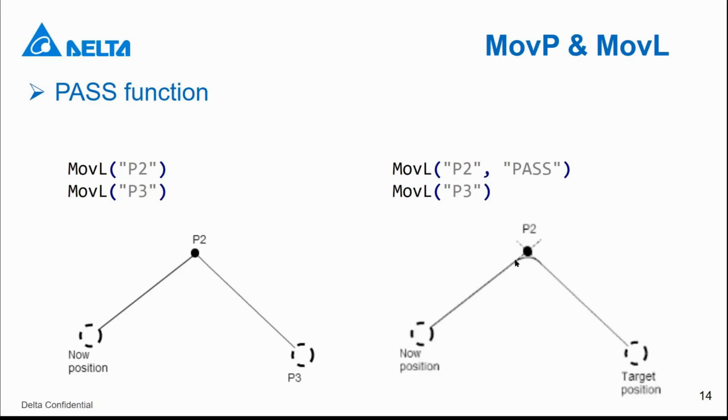So it will be a smooth curve here and then go to P3, our target. With the pass function, you can save a little bit of time at P2. And so in your whole application, if you use it to save time, then you can save a lot of time in the total operation time.